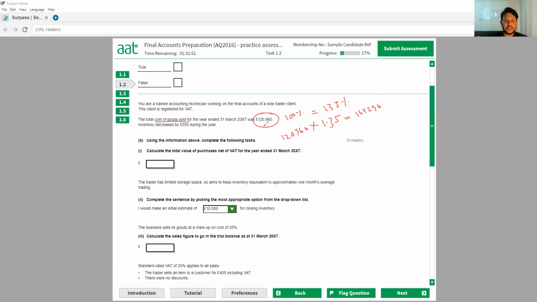So the cost of sales plus 35% profit is the sales figure. As I said, 120,960 times 1.35, because you have to increase by 35%, or you can divide by 100 and times by 135, which will give you the same figure.